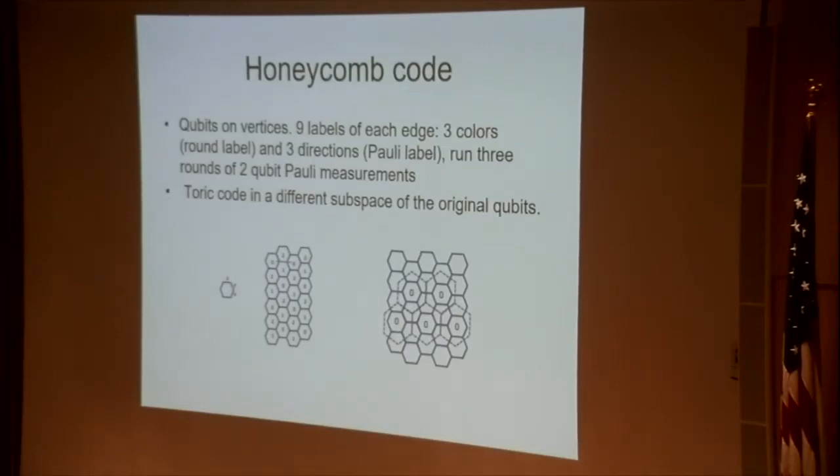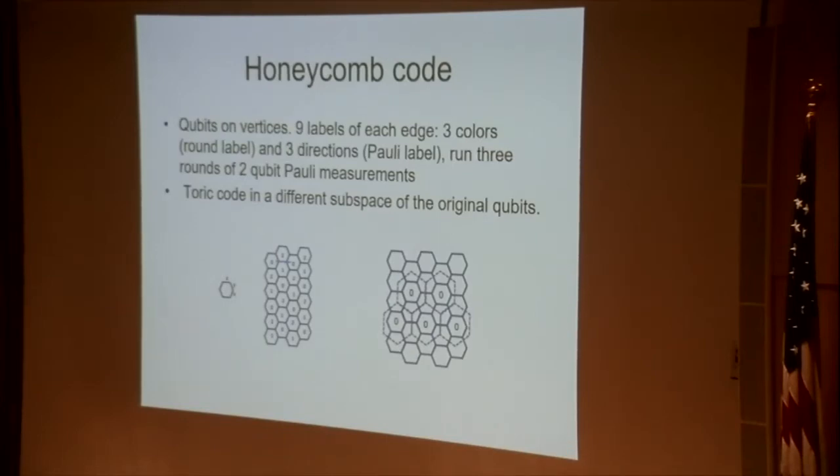And also each edge has a direction: X direction, Y direction, and Z direction. So each edge gets 9 labels, 0, 1, 2, or X, Y, Z. And then what you do is you take the qubits on the vertices, and you measure in 3 rounds.